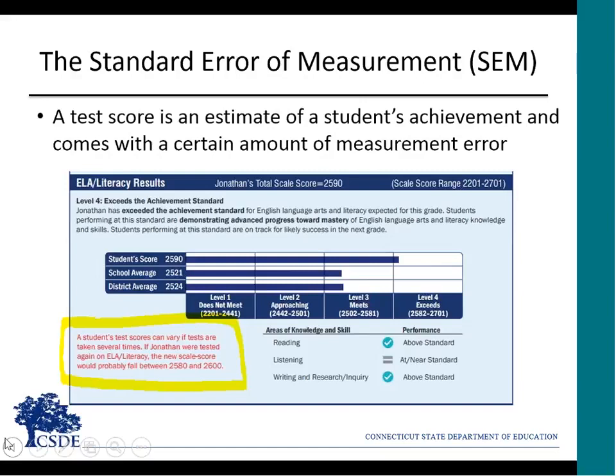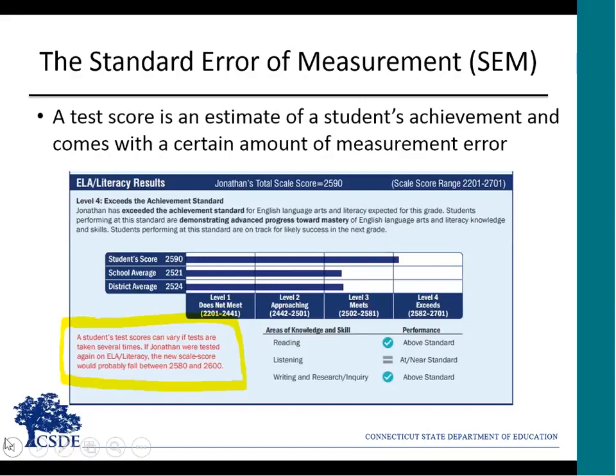Each time a student takes a Smarter Balanced test, psychometric procedures are used to calculate not only the vertical scale score, but also the standard error of measurement for each student. Since this measurement error is known, the individual student report also provides the range of scores the student would earn if that student were to take the test multiple times.